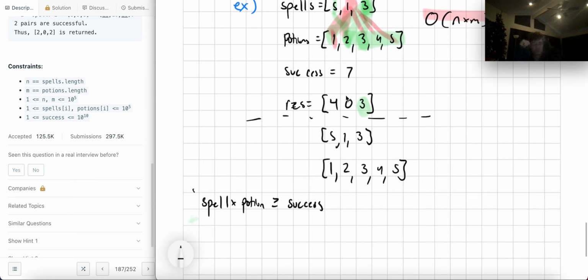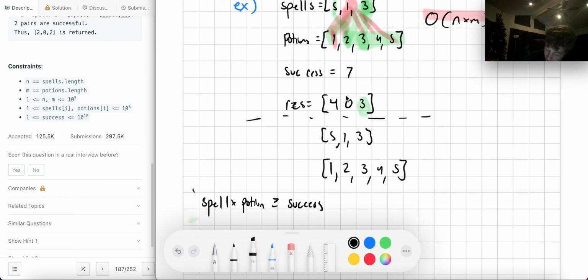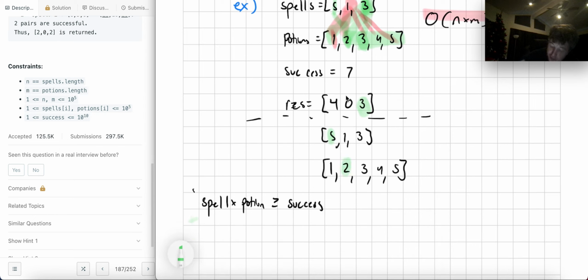So all I need to do is find the minimum potion that will work, and I'll know that everything else will work to the right. What's the minimum potion that would work with a spell 5 to get greater than success? Well, if I get 2, all I need to do is locate the 2, and then I know everything else to the right will work as well. I can infer then that all of these will work as well.